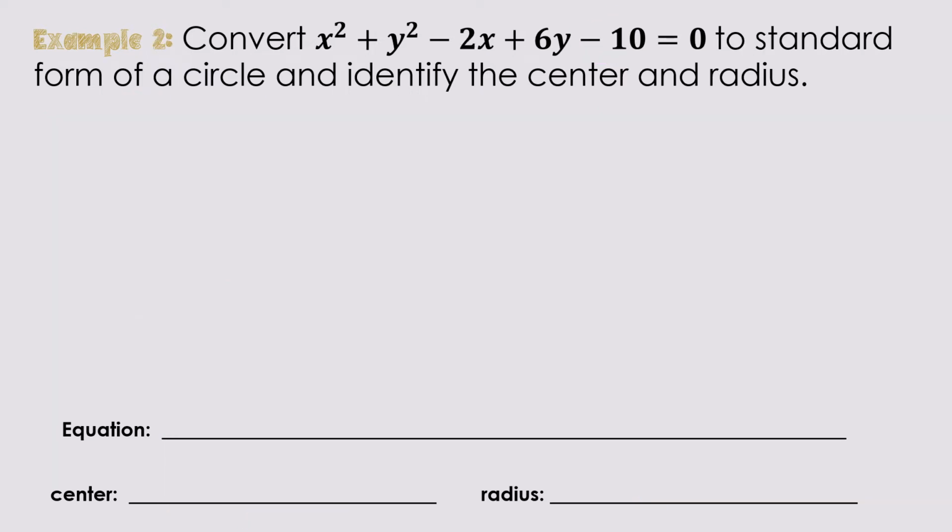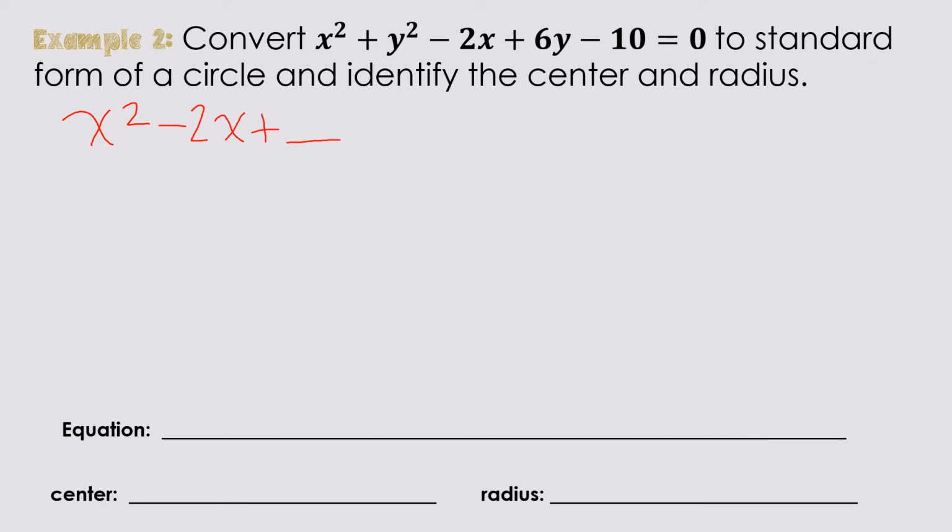All right, let's try another one. Again, the first step is all about rearranging. Let's get our x's together. Our x's and y's are all on the same side, so you're not going to have to change any signs. You just need to regroup and reorder them. So we've got x squared minus 2x. Remember to leave that space.